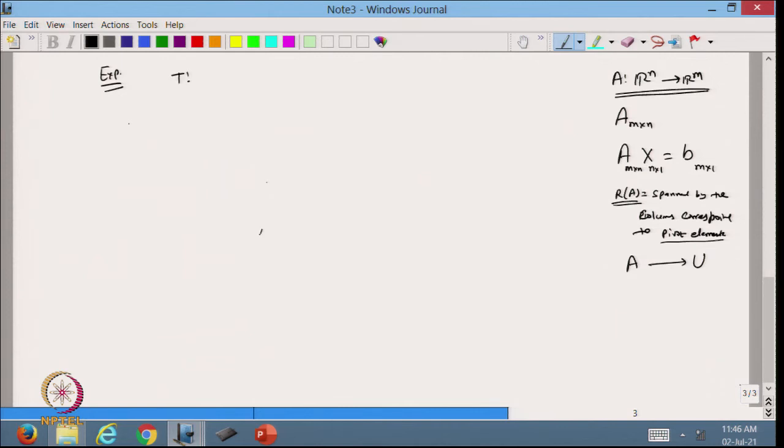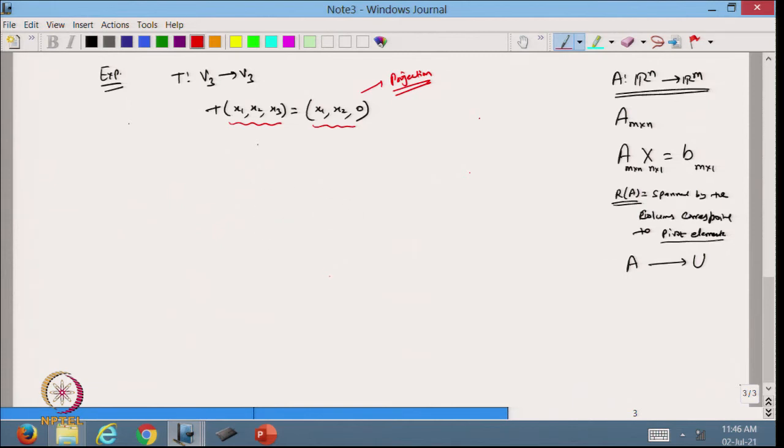I have a linear transformation T from, suppose, V3 to V3, and this is given to me as T of (x1, x2, x3) equals (x1, x2, 0). So, this is just the projection, because I am projecting the whole V3 space onto the x1, x2 plane.